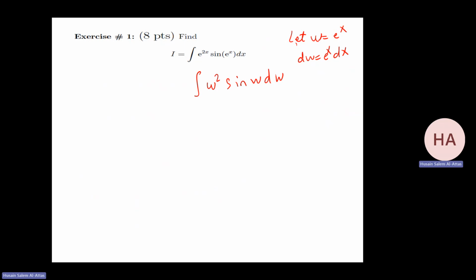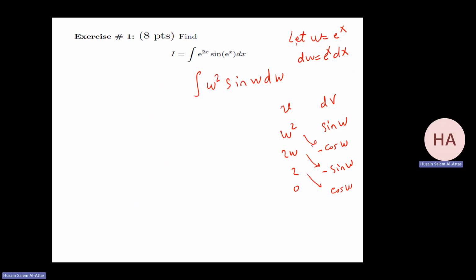I think tabular will do it. u and dv: this is w square, this is sine w. So this is 2w, then 2, then 0. This is minus cosine w, this is minus sine w, this is cosine w.